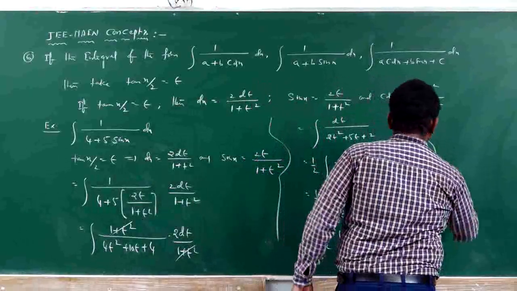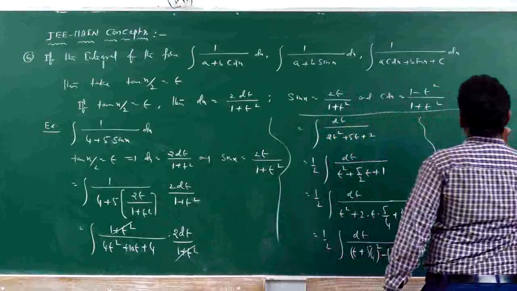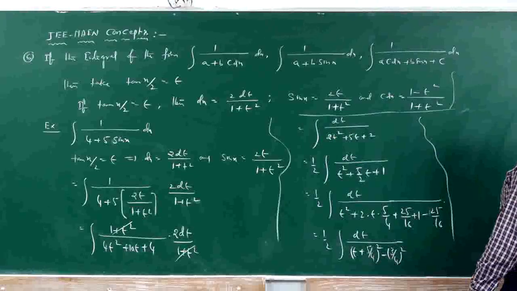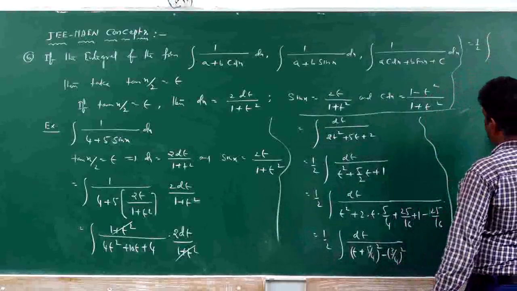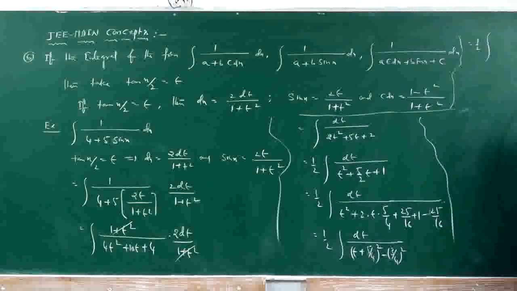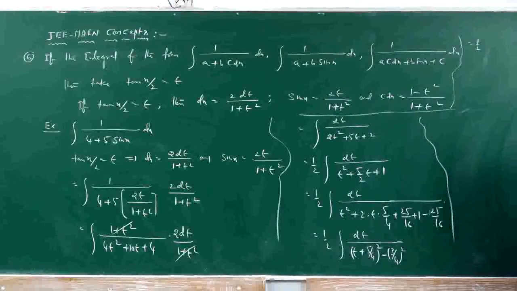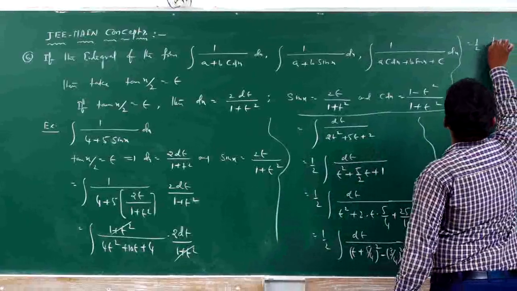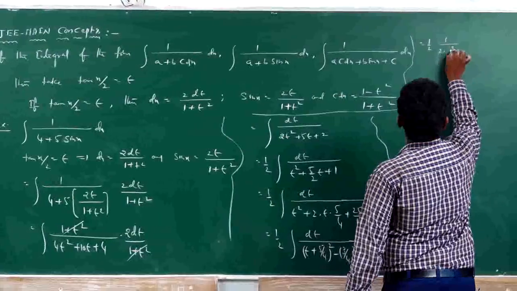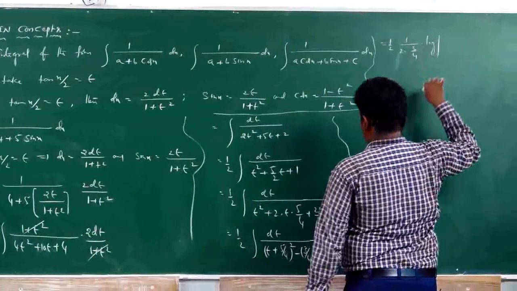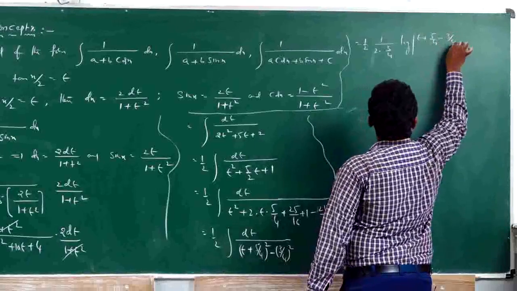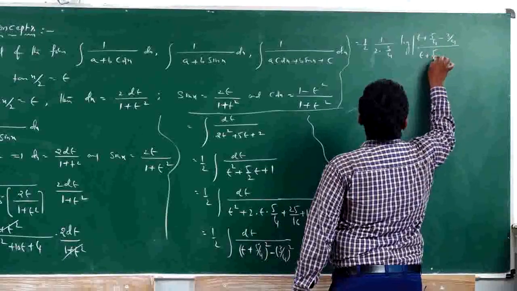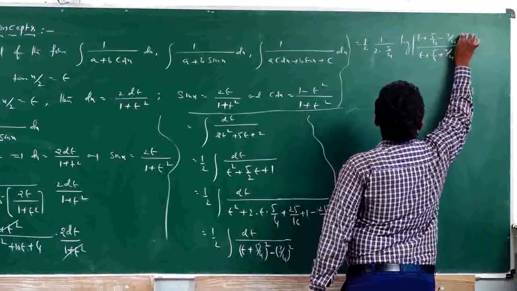Now again we substitute the formula. That is equal to 1 by 2 integral dt by, using the formula for integral 1 by (x square minus a square), which is 1 by 2a log of (x minus a) by (x plus a). So 1 by 2 into 1 by (2 into 3 by 4) into log of (t plus 5 by 4 minus 3 by 4) by (t plus 5 by 4 plus 3 by 4) plus c.